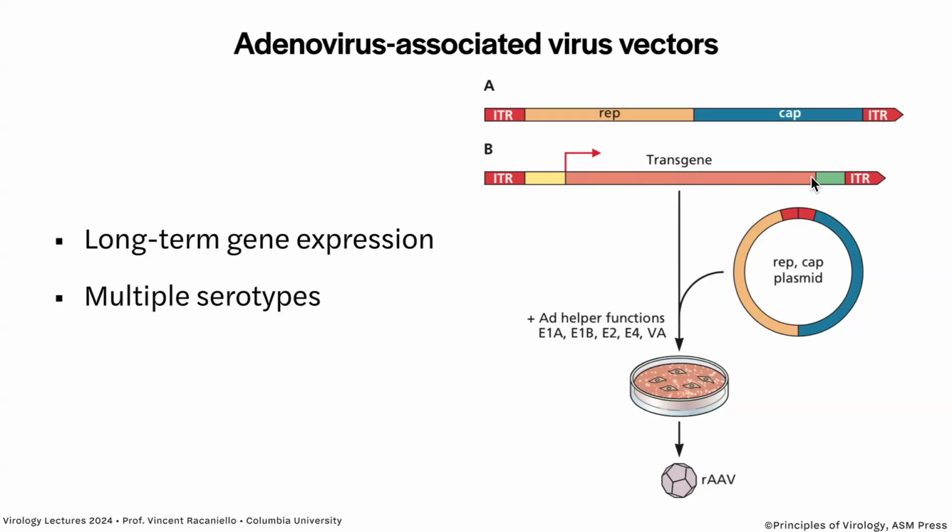You then introduce that construct into cells along with a rep cap plasmid so that the DNA will replicate and it will get packaged, and adenovirus helper functions. Remember, this is a helper-dependent virus, adeno-associated virus. And those are E1A, E1B, E2, E4, and VA RNA. And out comes recombinant adeno-associated virus.